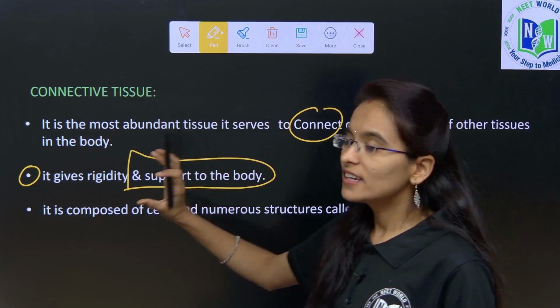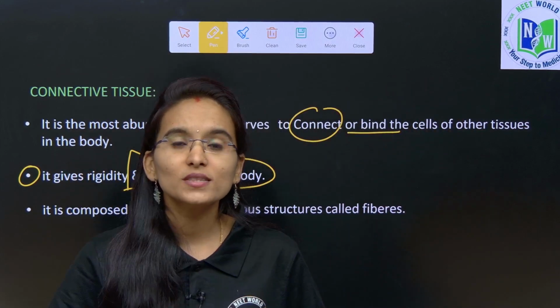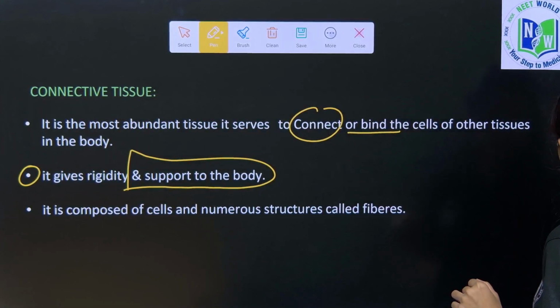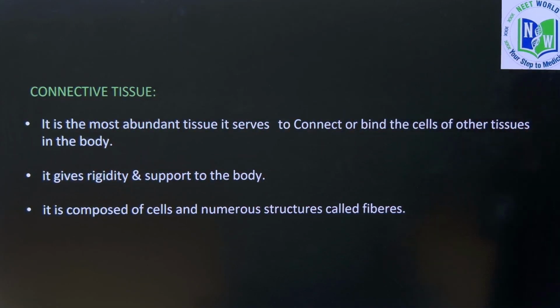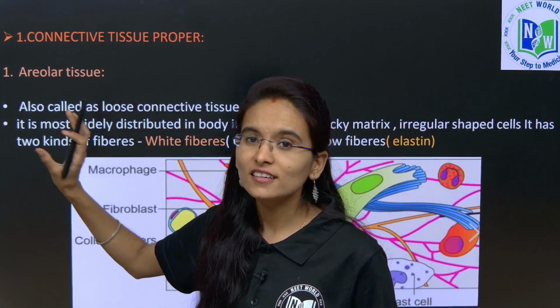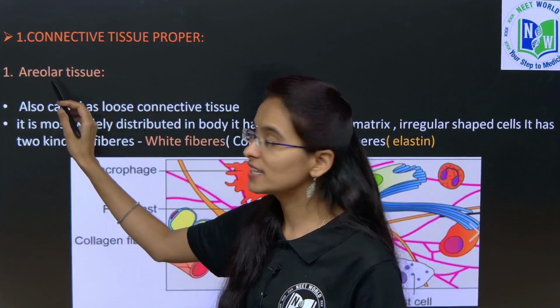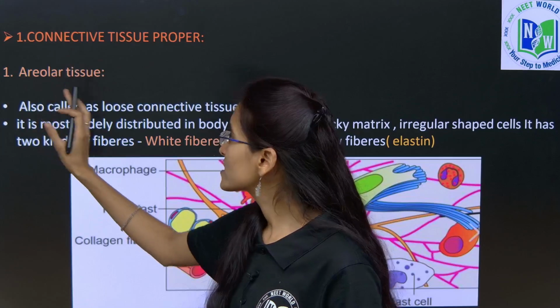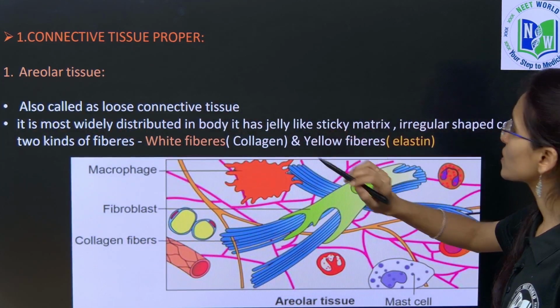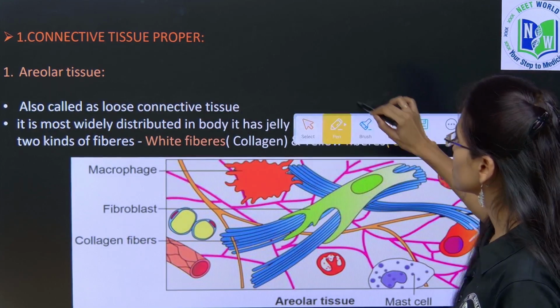In this connective tissue we are going to see different types of cells. So let's have a look here. Connective tissue proper. Here the first type of loose connective tissue is areolar tissue, which is also called the loose connective tissue.